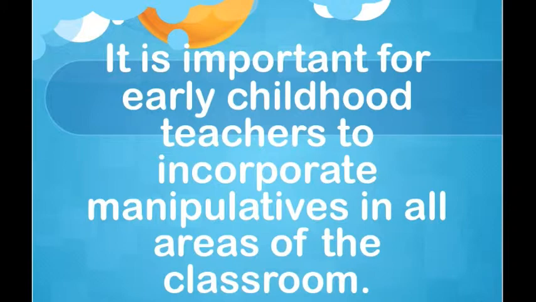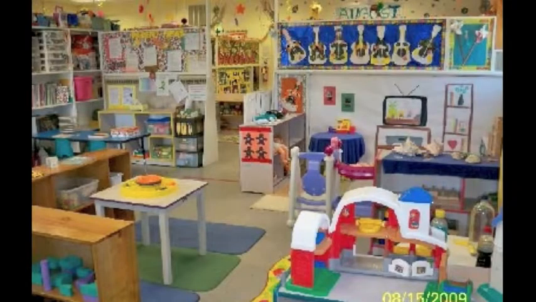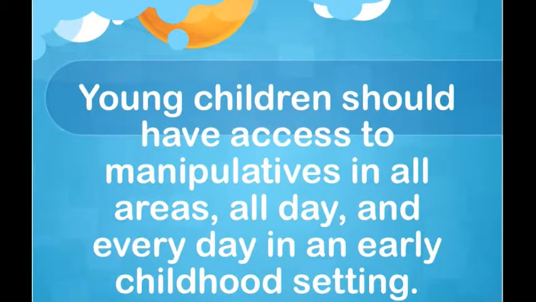It is important for early childhood teachers to incorporate manipulatives in all areas of the classroom. Young children should have access to manipulatives in all areas, all day and every day in an early childhood setting.